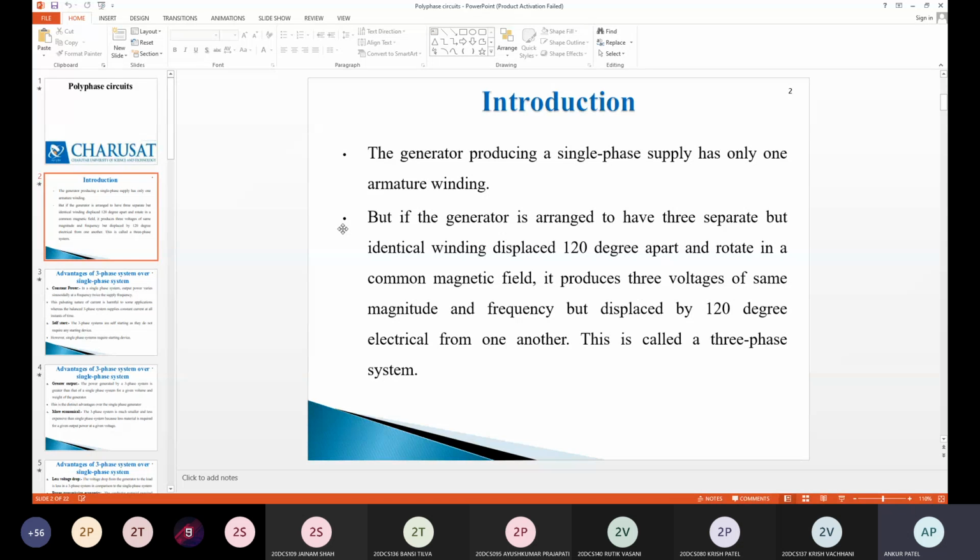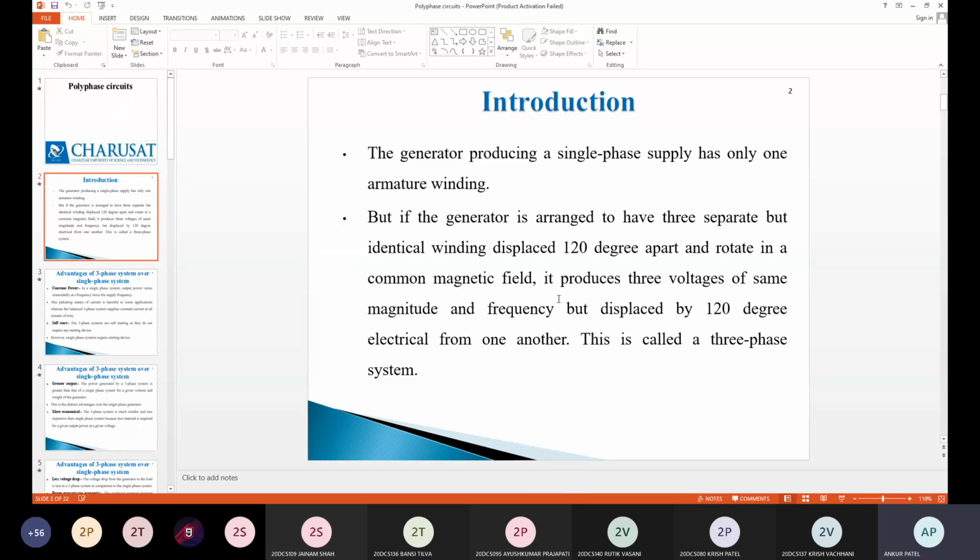Accordingly, we can generate this three phase supply. We need a magnetic field inside, and we move three coils displaced by 120 degrees. So according to Faraday's law of electromagnetic induction, we will get three phase supply.